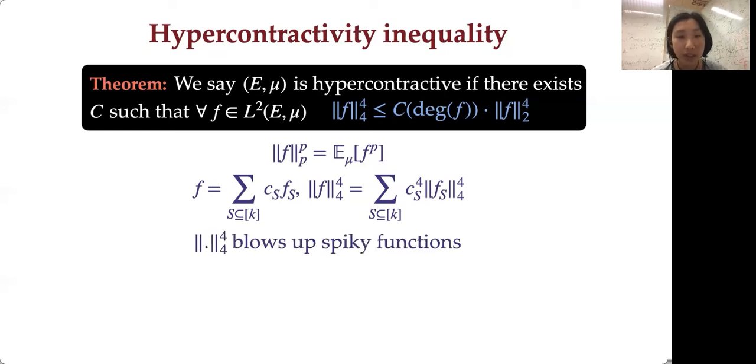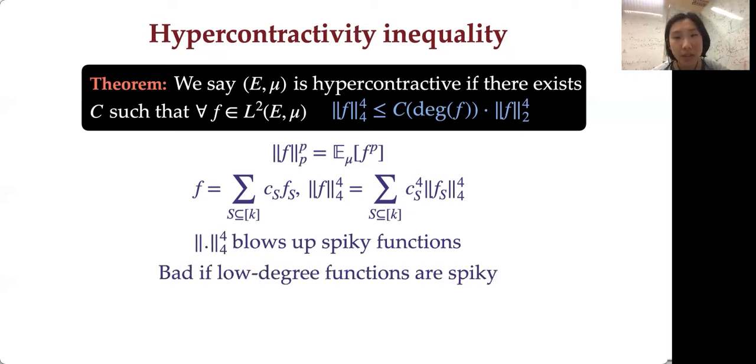Okay, so in this case, we also want to note that the fourth moment operator basically blows up very spiky functions. If a function is very uneven, not smooth, then this fourth norm would blow up the function a lot, so the fourth moment will be much larger than the second moment squared of the function.